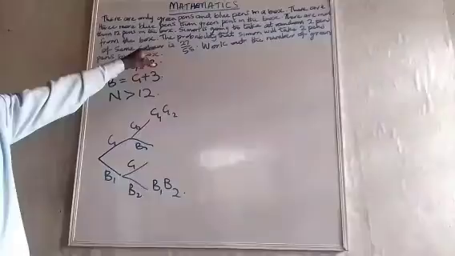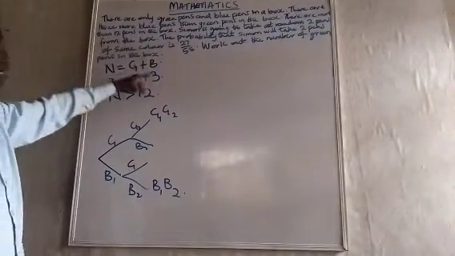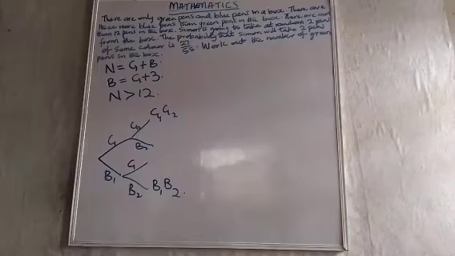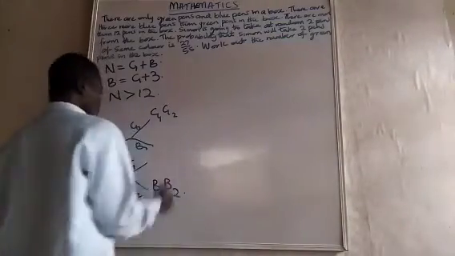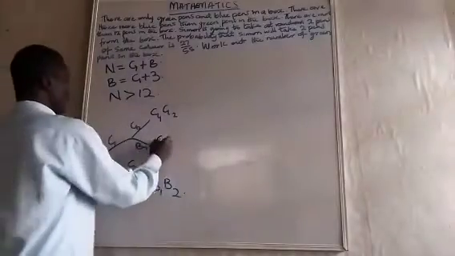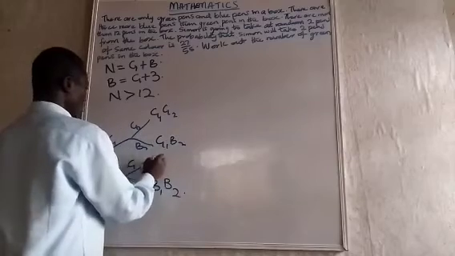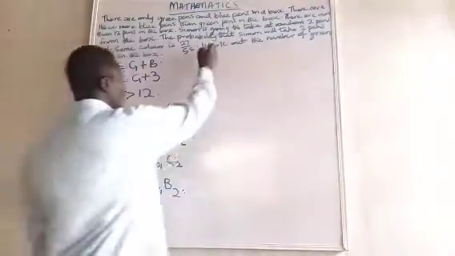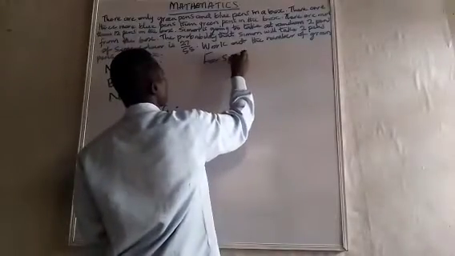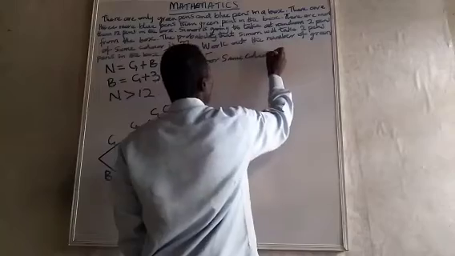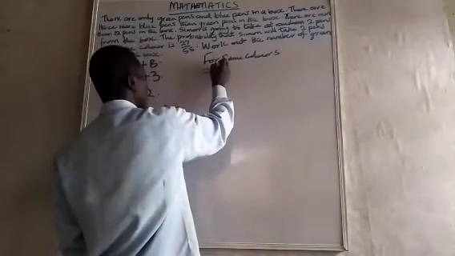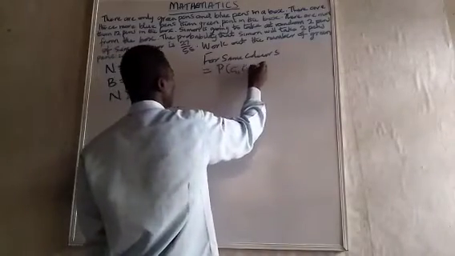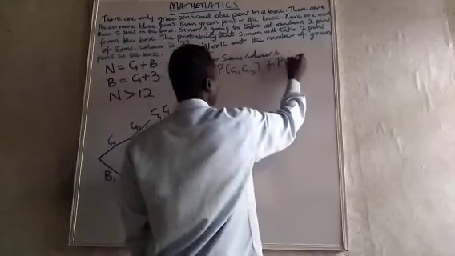Because it is taken at random, one after the other, we are going to have a condition of independent probability. So that's the situation we are going to have. So for the same color, it's going to be probability of G1 G2 plus probability of B1 B2.